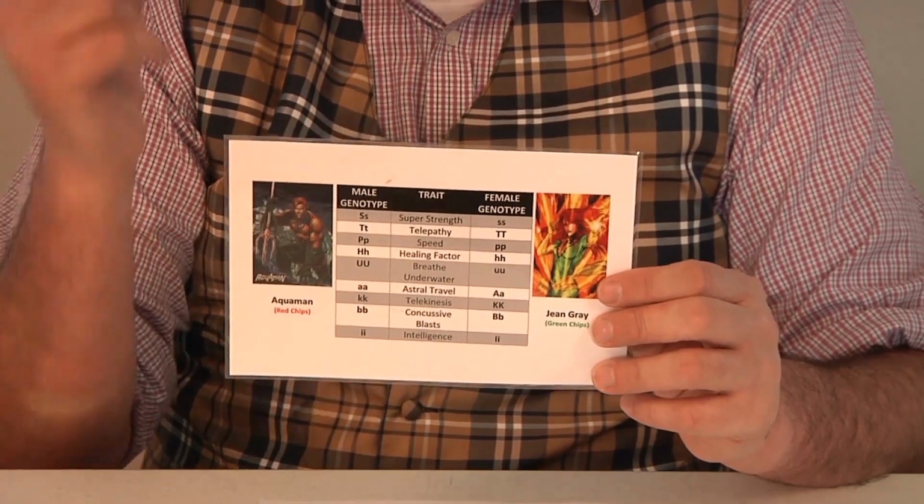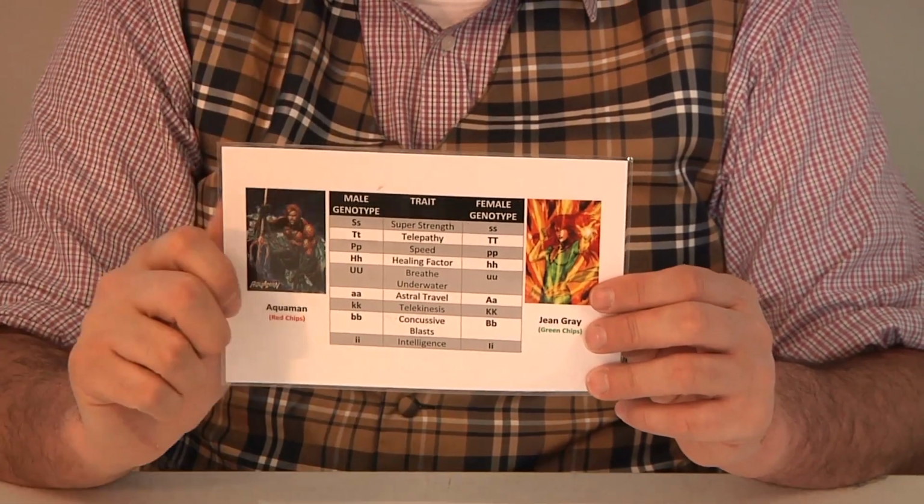So if the child receives a large allele and a large allele, or a large allele and a small allele, one from each parent, they're going to have a dominant gene. If they receive a small allele from both parents, so small s, they will not have that expressed characteristic.